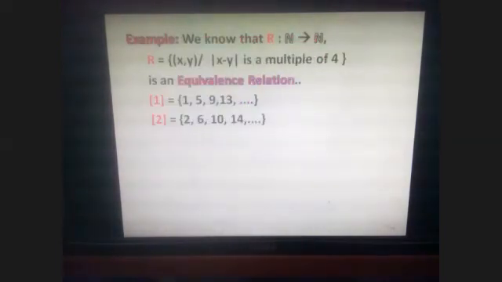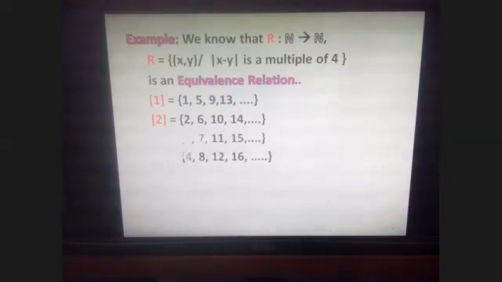Let us take one example. Pick up the same previous example. Equivalence class of 1, equivalence class of 2, equivalence class of 3, and equivalence class of 4. Now, if I write the equivalence class of 5, what are the elements related to 5? 5 is related to 5. 1 is also related to 5.